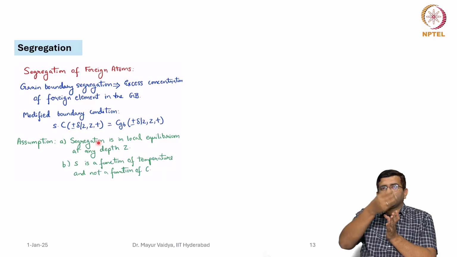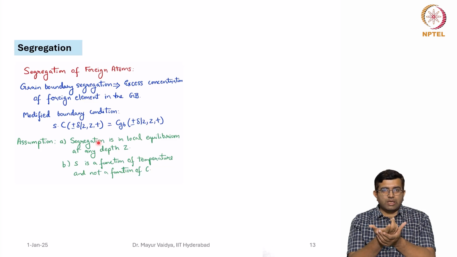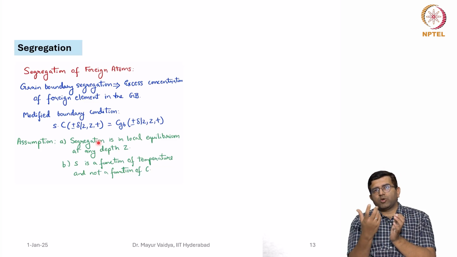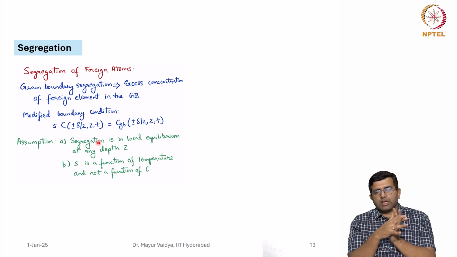So, along the boundary S is not changing as the concentration in the grain is changing. We will talk a little more about the segregation factor in the next lecture also, but when you talk about solute diffusion, segregation is quite often important to take into account.